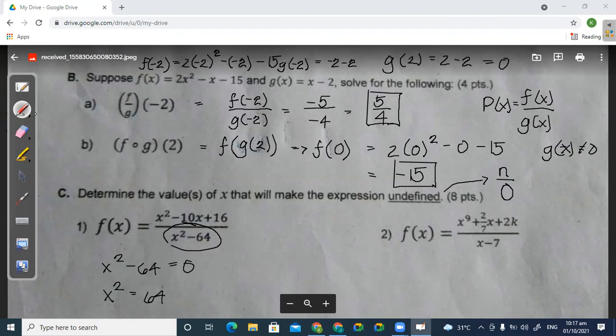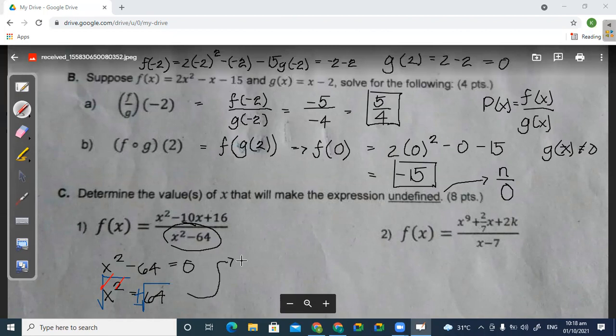Kapag ganito, since quadratic siya, automatic may isip natin na dalawa yung roots niya. So, apply natin ang extracting square root on both sides, automatic plus minus. Bakit plus minus? Kasi kapag ni-raise mo to the second power, ganun din ang sagot kahit negative.